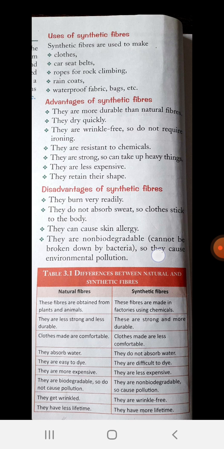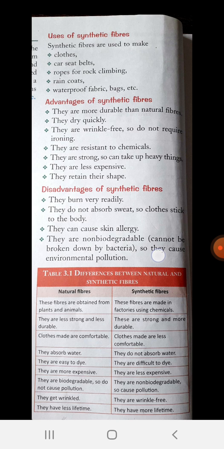Synthetic fibers are used to make clothes, car seat belts, ropes for rock climbing, raincoats, waterproof fabric, bags, etc. Advantages of synthetic fibers are they are more durable than natural fibers, they dry quickly, they are wrinkle free, they do not require ironing, they are resistant to chemicals, they are strong so they can take up heavy things, they are less expensive and they retain their shape.